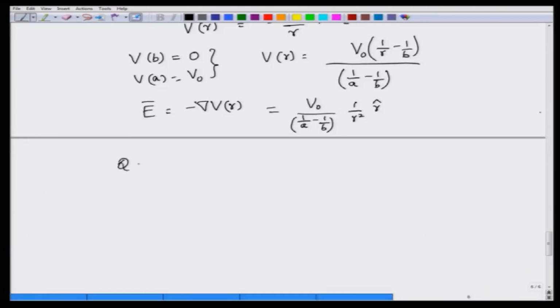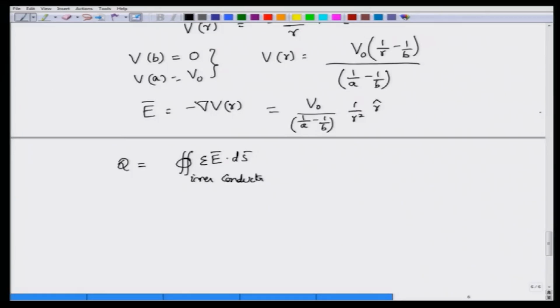What is the total charge enclosed by the inner shell? The total charge enclosed can be obtained by the integral of epsilon E dot ds over the closed surface of the inner shell. If you evaluate D dot ds, you get the total charge enclosed.